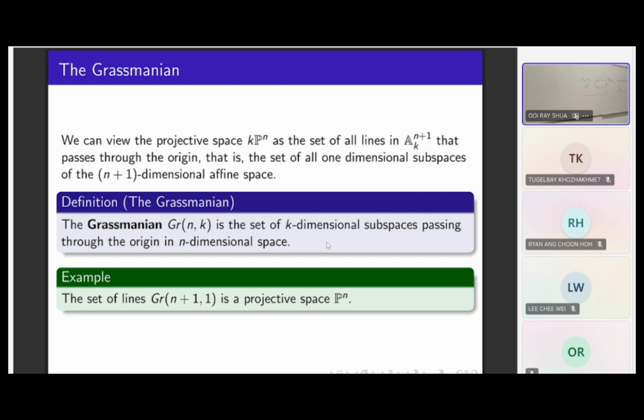So either you are taking lines as elements, or k equals 2, which means you'll be taking planes, or 3 dimensions, I don't know how that looks like, maybe a cube. So it is very obvious. The Gr(1, n+1), where you take 1-dimensional lines, which are the lines you saw just now in n+1 dimensions, is the projective space.